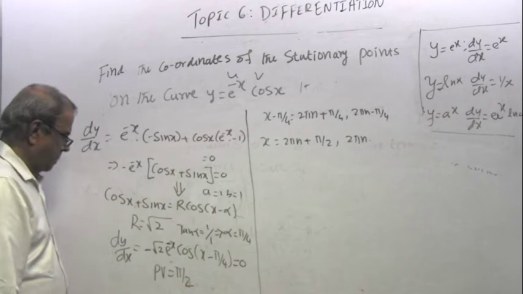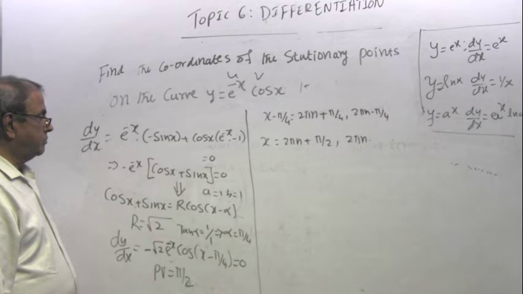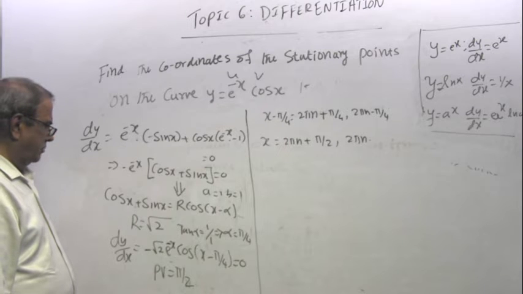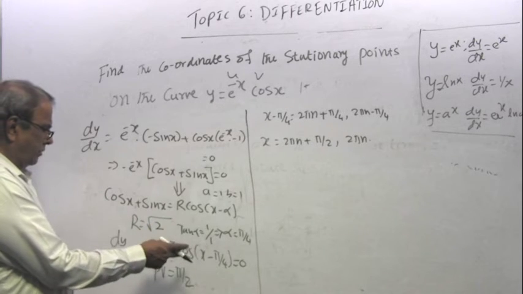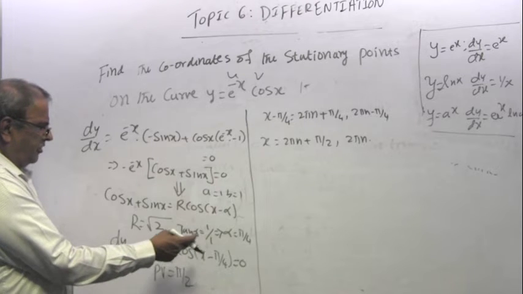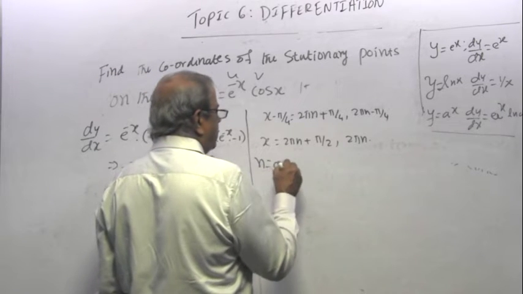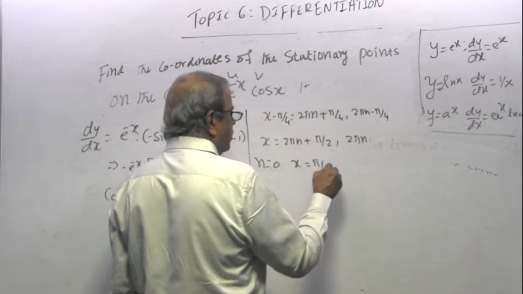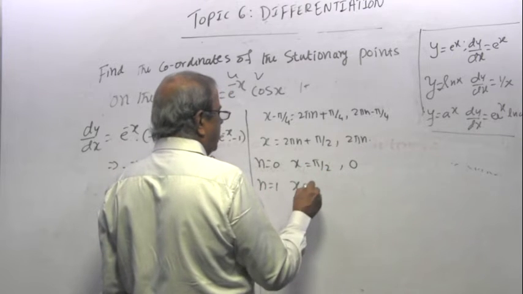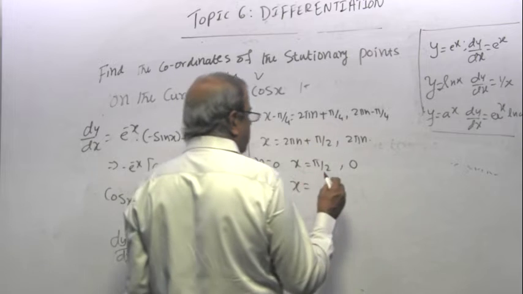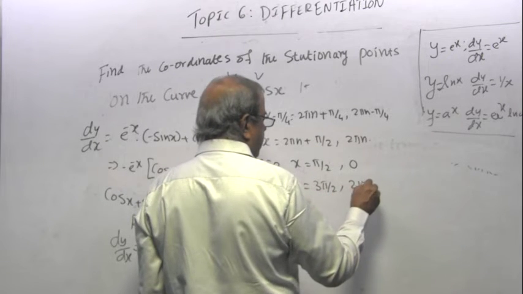Correct? Is that correct? Then alpha is pi over 4. Yeah, it's 0. So, okay. Put n as 0, x equal to pi over 2 and 0. Put n equal to 1, x equal to 2 pi plus pi over 2, 3 pi by 2, and then 2 pi.